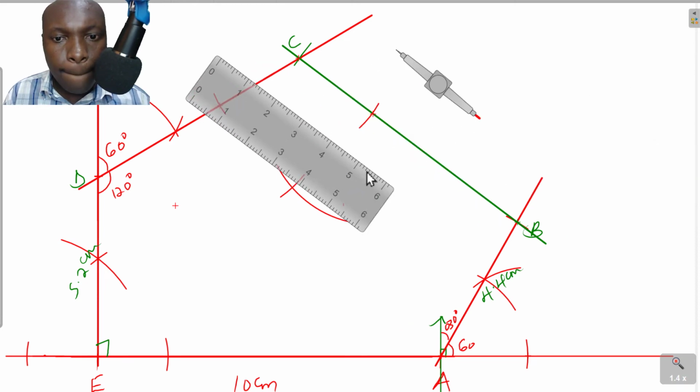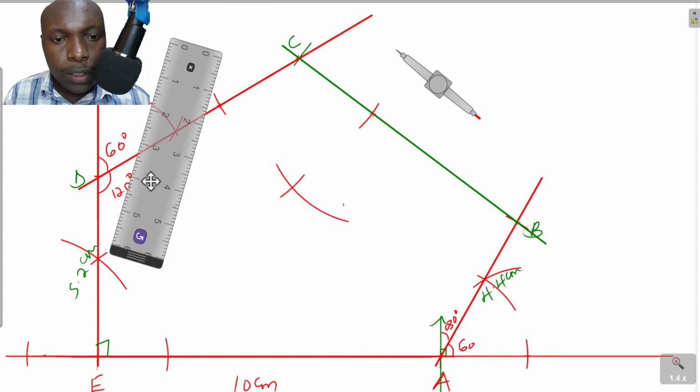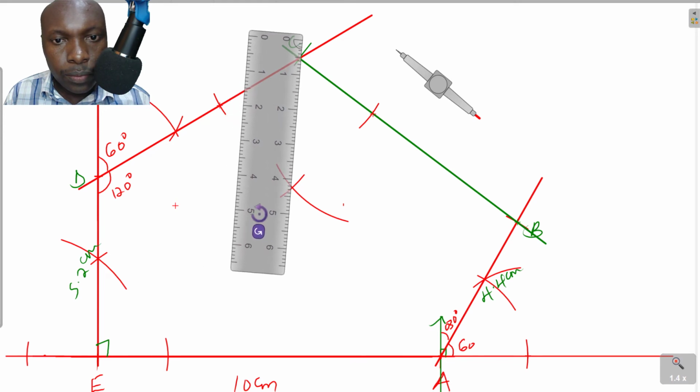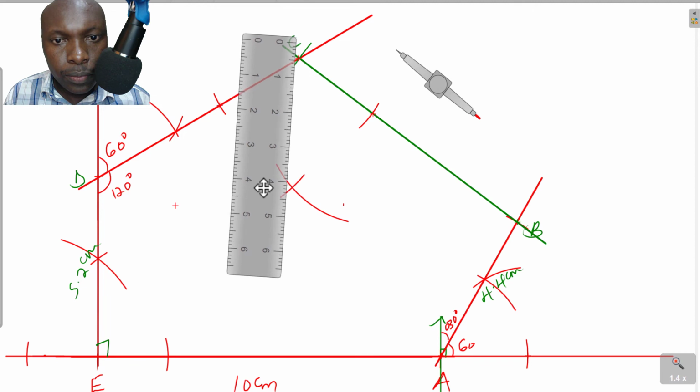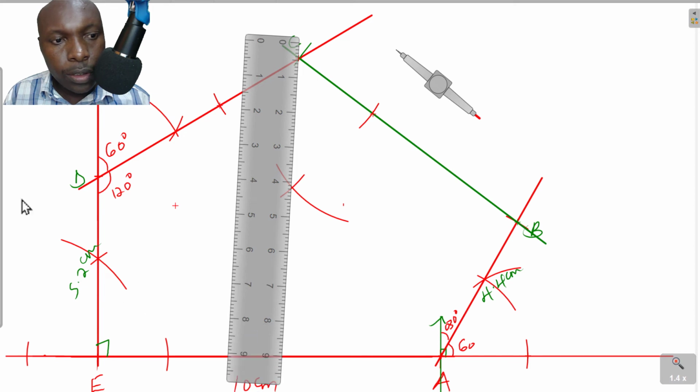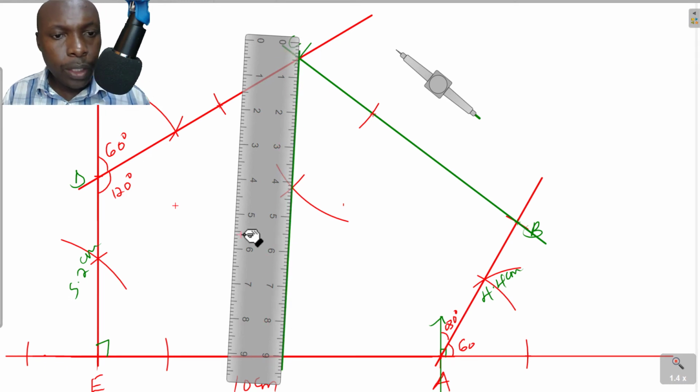Then take a ruler and extend this one. So that is the locus.